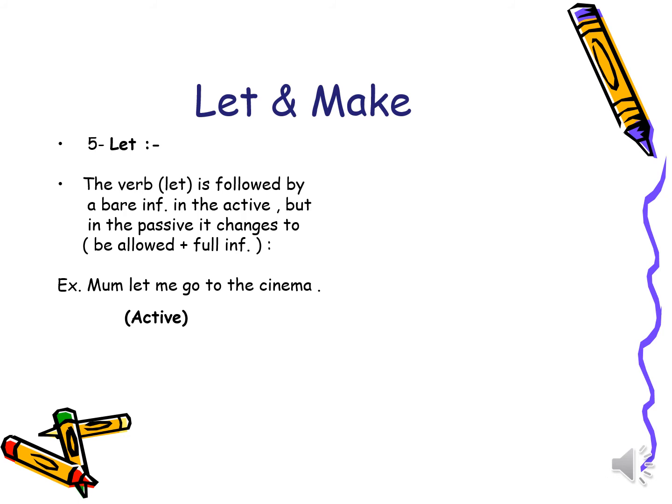How do we form the passive? We can say: I was allowed to go to the cinema. Of course we use was allowed because this is past simple. So was plus allowed to.